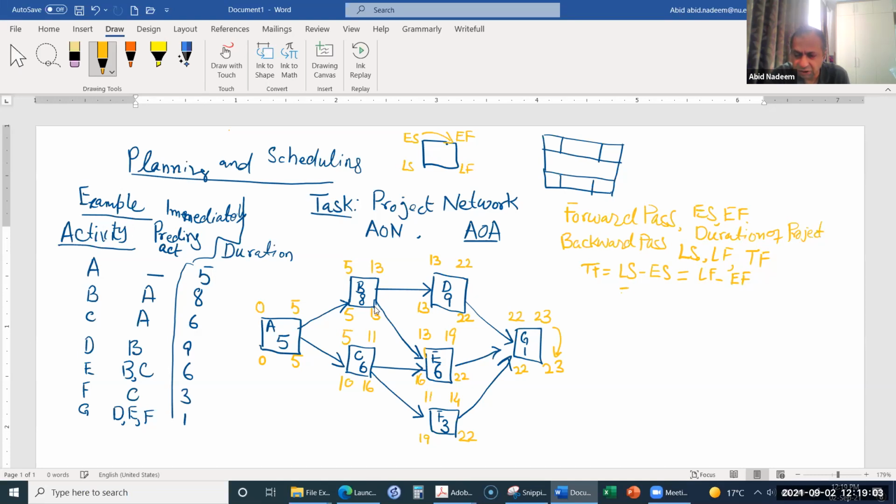Or in other words, it can also be calculated as late finish minus early start minus the duration of the activity. So any of the three formulas can be used.